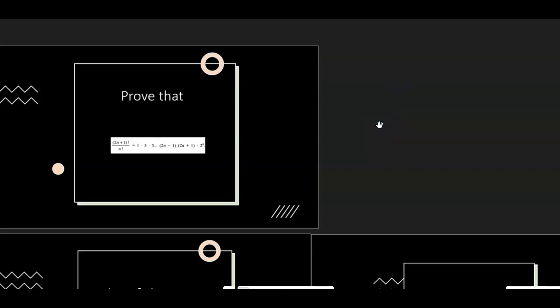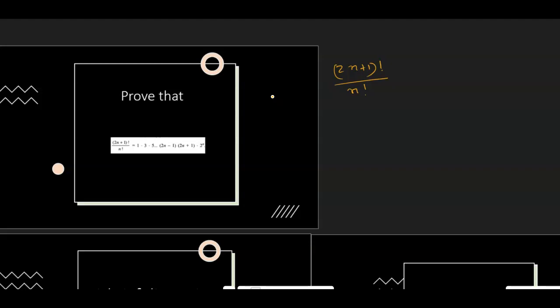Another very interesting question we are going to discuss now: factorial 2n plus 1 by factorial n equal to this thing. How to prove it? You start with the numerator, that is (2n plus 1) factorial, divided by n factorial.